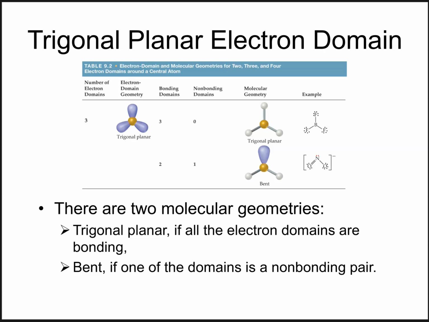Bond angle deviation really isn't too significant from trigonal planar. So if you were to say the bond angle is 120 for both bent and trigonal planar, when you have three domains, that is fine. And I'm going to stress three domains because we'll see here in a second there's another bent geometry based off of four domains. So let's go ahead and take a look at those geometries.